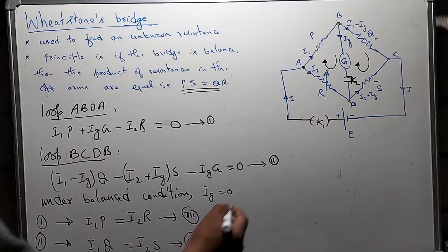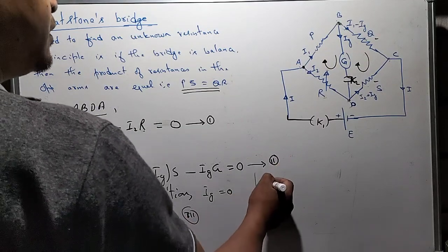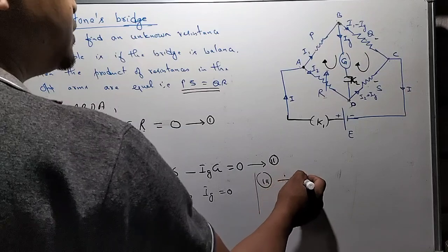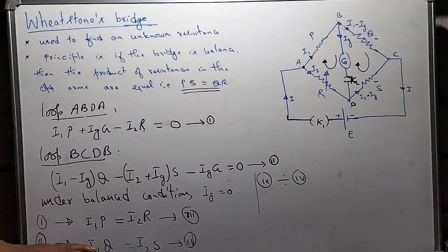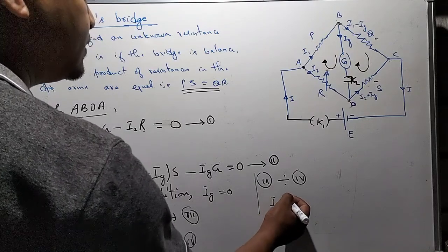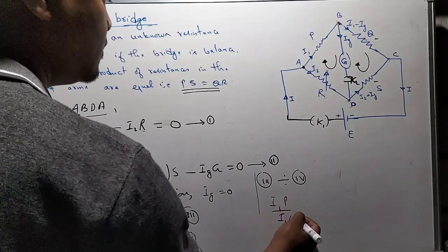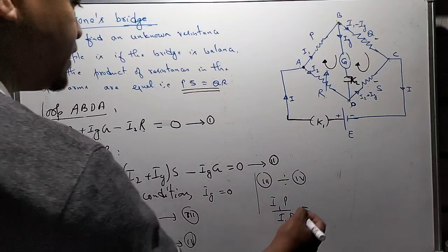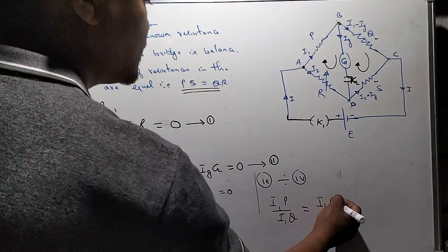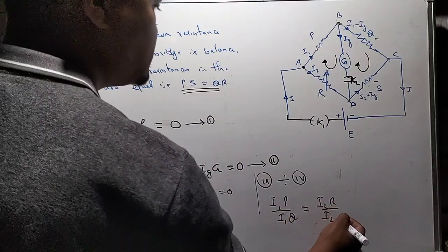So if you divide equation 3 by equation 4, you will get I1P upon I1Q on the left hand side, and on the right hand side you will get I2R upon I2S.